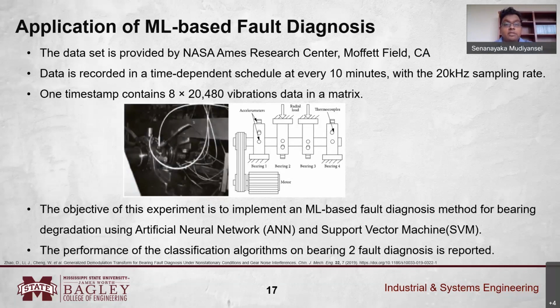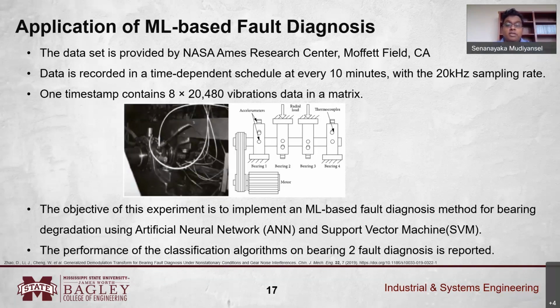They recorded this data in a time-dependent manner every 10 minutes, with a 20 kilohertz sampling rate. So one timestamp consists of 8 by 220,000 vibration data as a matrix.